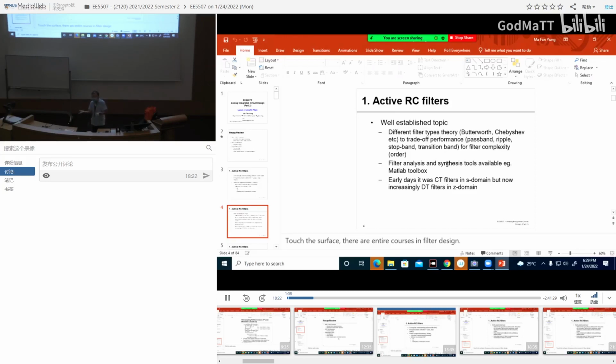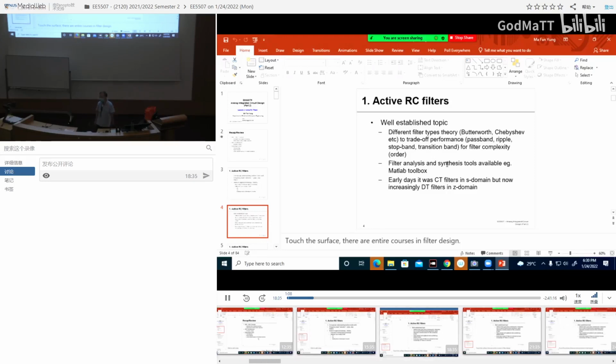What does this circuit do? That's analysis. What is synthesis? Synthesis is I give you some requirement or some spec, and I ask you to design a circuit that will meet these requirements. So these two things are analysis and synthesis.